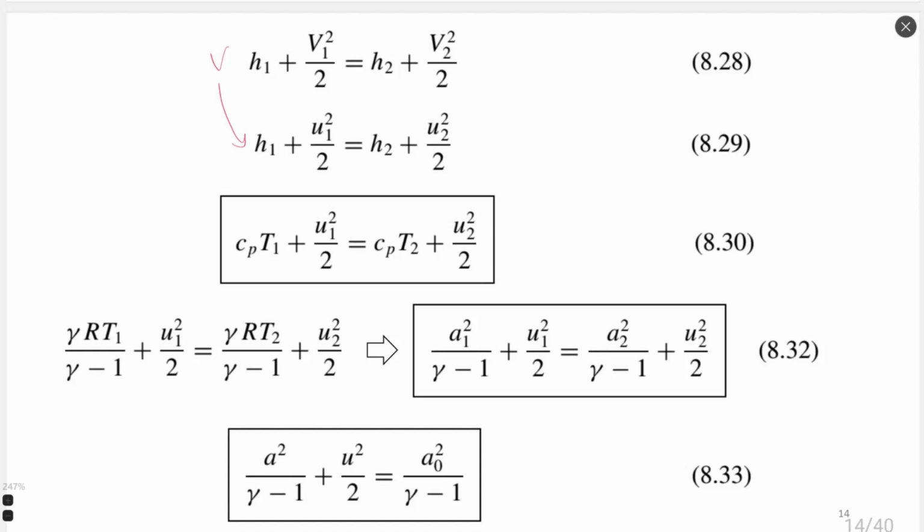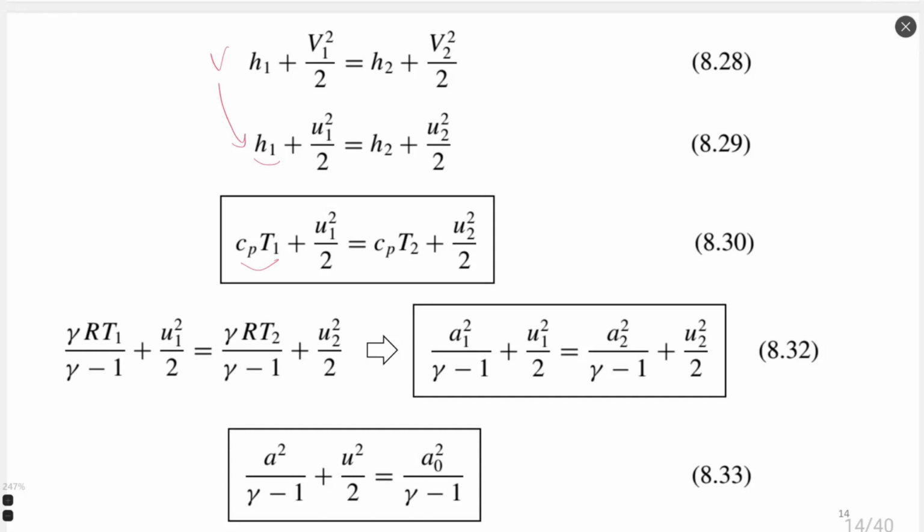Okay, the first thing that we must consider in equation 29 is that enthalpy can be written as a function of temperature. You remember that enthalpy is a product of temperature and specific heat, right? It can be written for any arbitrary point and is not dependent on the type of flow, absolutely. And here we may obtain a very important equation, equation 30.